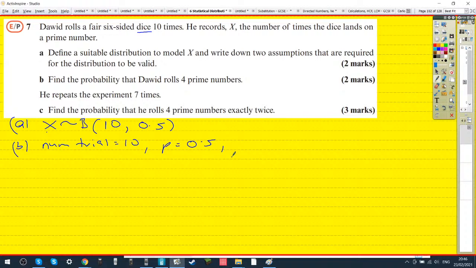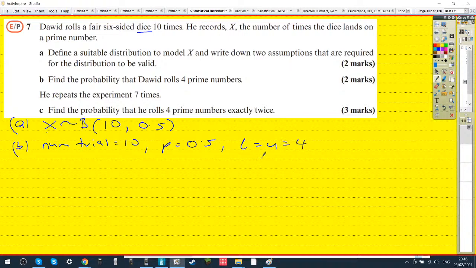So the probability it lands on a prime number is a half. He rolls it 10 times and it lands on a prime number 4 out of those 10. So it'd be 6. No, it wouldn't be. It's 4. The lower and upper are both 4.